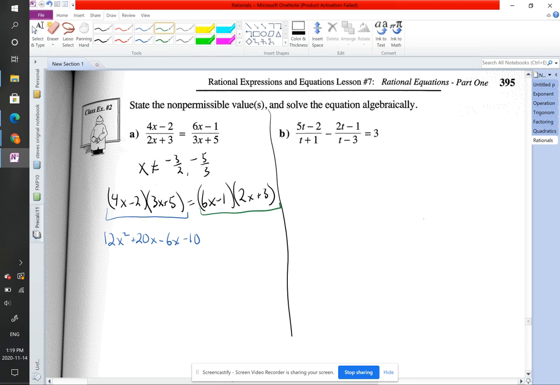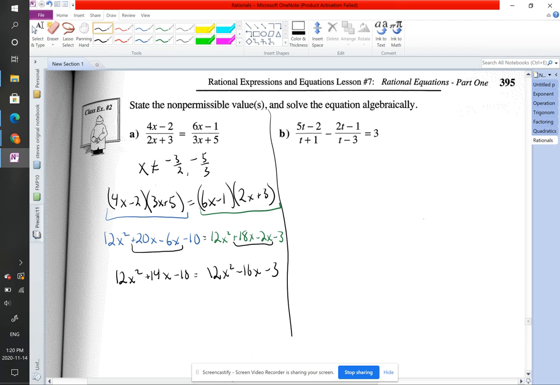And if I expand everything here, then I should get 12x squared plus 18x minus 2x minus 3. And I can reduce. I have like terms right here and like terms right here. So I can reduce that to 12x squared plus 14x minus 10 is equal to 12x squared minus 16x minus 3.